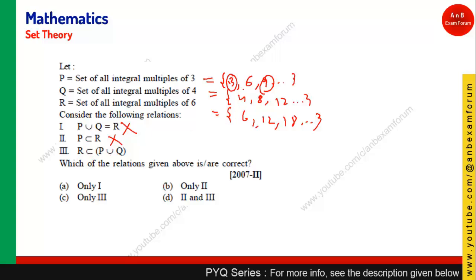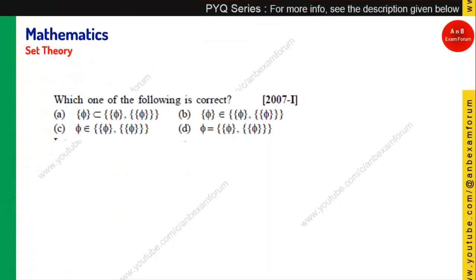P union Q will be 3, 4, 6, 8, 9 and so on, and R is 6, 12, 18, so yes, it will be a subset. So option 3 is the right answer. Only 3 is the valid one. Okay, let's see the next question.